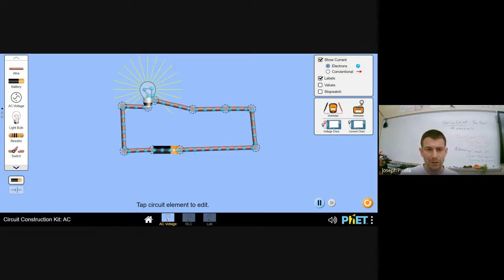Batteries are sources of direct current. Current can only flow one way if it's a battery that is driving the current through the circuit. Now, if I were to remove the battery and replace it with a source of AC voltage, and I connect my circuit because I need a complete path for the electrons to flow, watch what happens now.